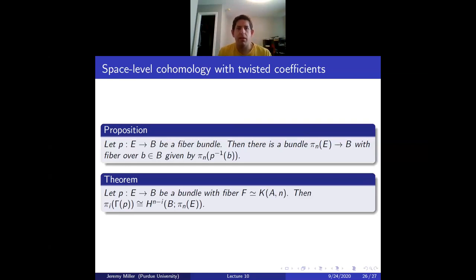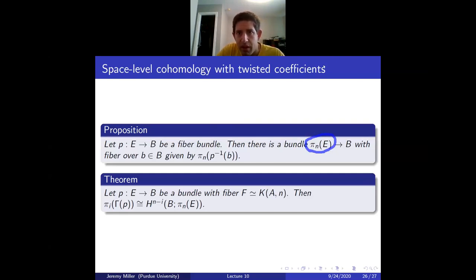So what's space-level cohomology with twisted coefficients? The idea is that if you have a fiber bundle, then you can build a bundle of abelian groups out of it. Let's say E is a bundle. We're going to build a new bundle called pi_n E. Maybe this is a little misleading because I don't literally mean pi_n of E. I mean a bundle whose name is this.